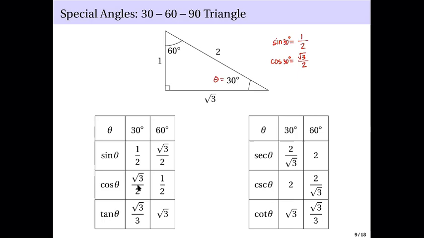That's why you see here square root of 3 over 2 for cosine 30 degrees. For tangent theta, it's TOA. So tangent 30 degrees is opposite, which is 1, over the adjacent, which is square root of 3, and this is equal to square root of 3 over 3 if we rationalize this.